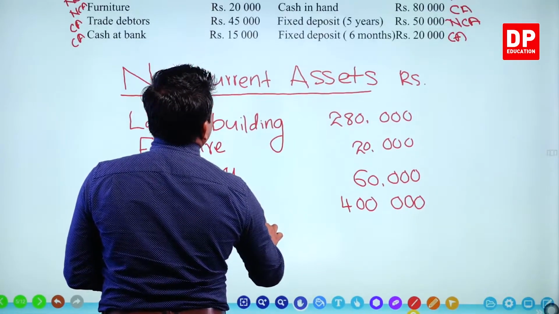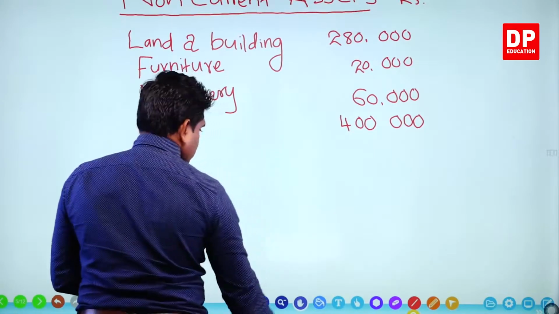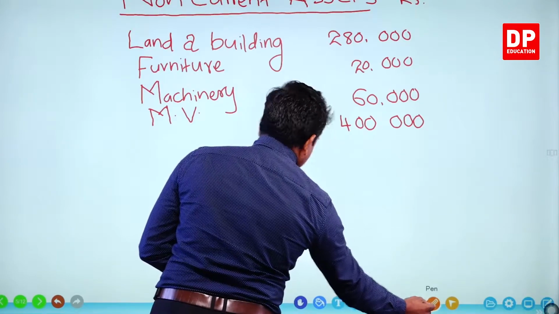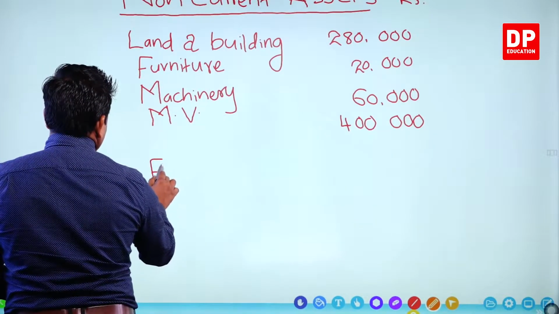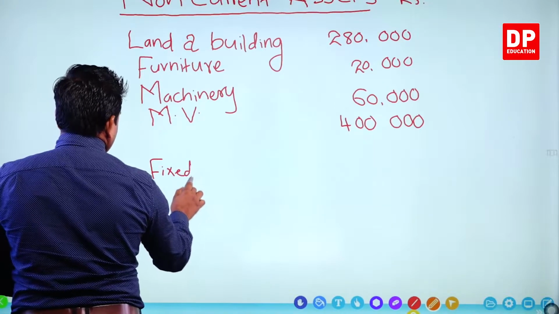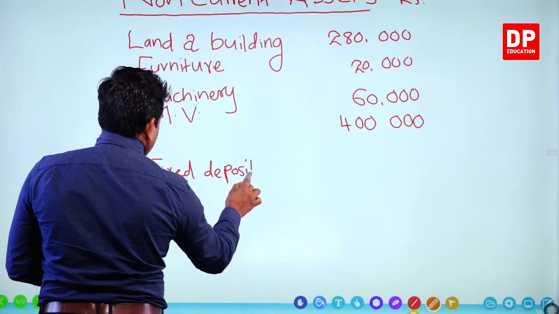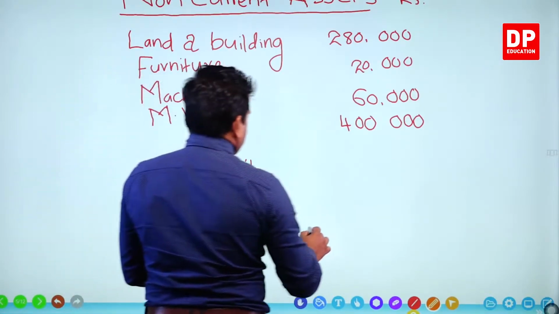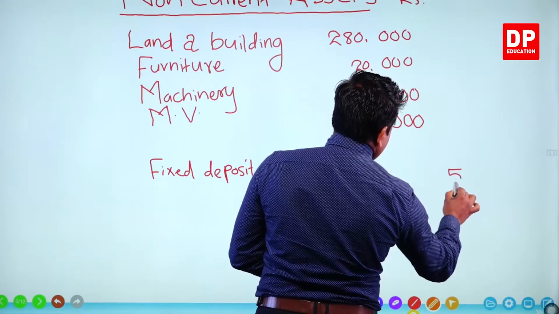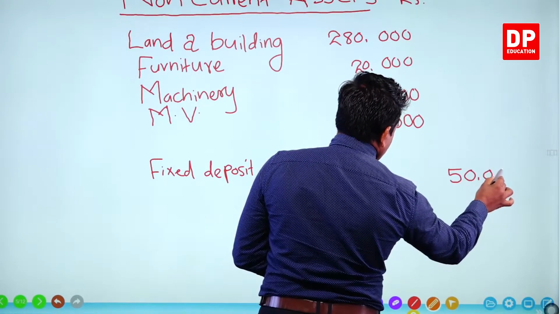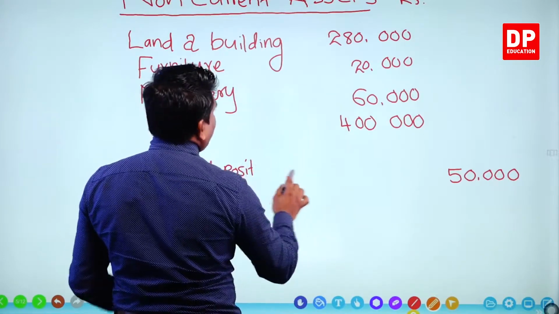How much is the value? 50,000. I put it here separately. I will tell what is the reason for it. Now all the non-current assets are finished.